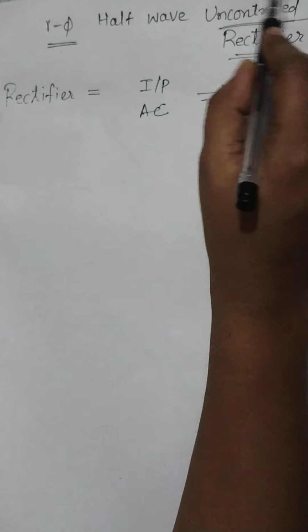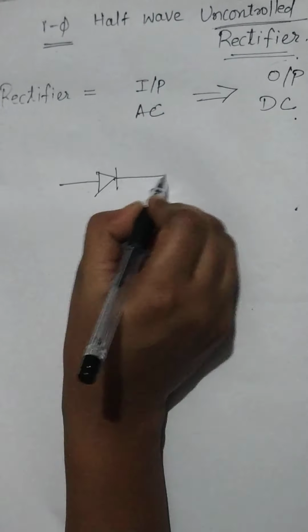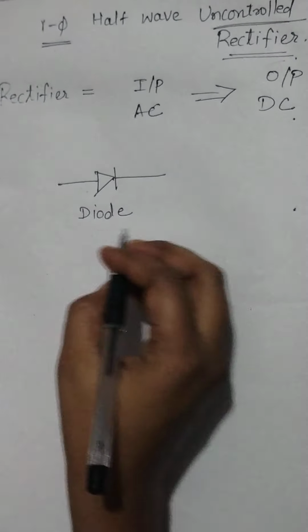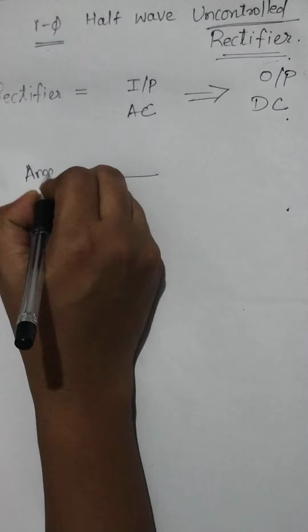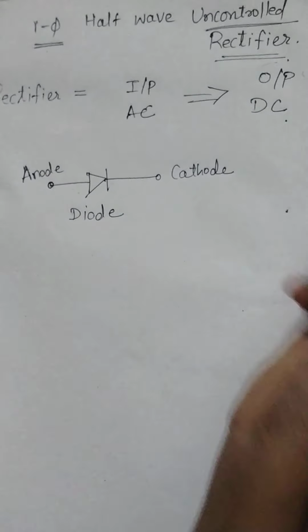Now here in the uncontrolled rectifier we are using diode as a switch. As you know, diode has two terminals, anode and cathode.